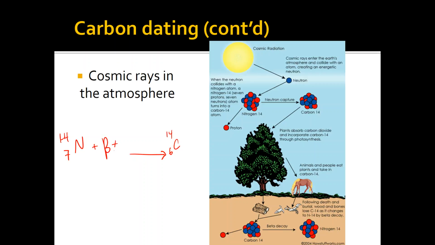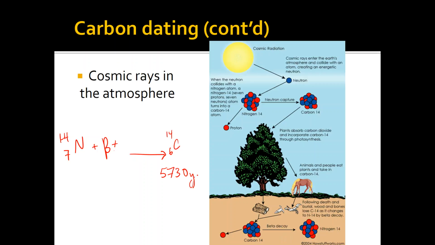So the sun gave a beta plus radiation, and converted this nitrogen into a less stable carbon isotope. So the nitrogen is stable, but because of the energy received from the sun, it becomes this unstable carbon 14 isotope. And this has a half-life of about 5,730 years.